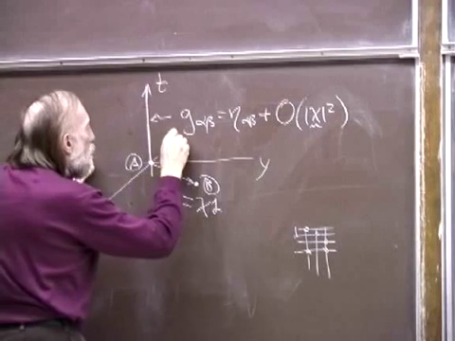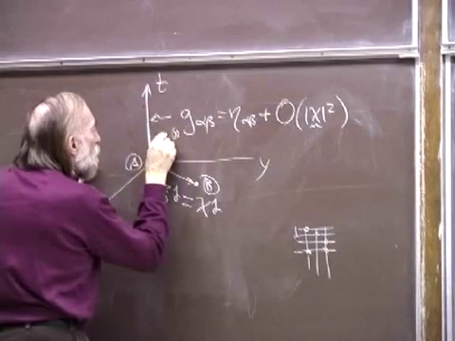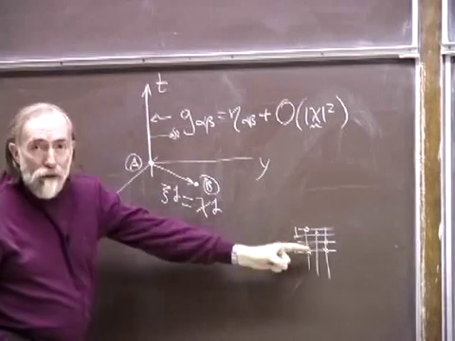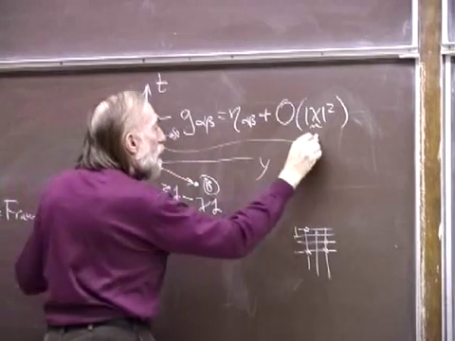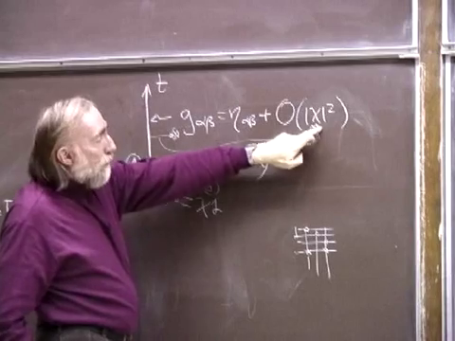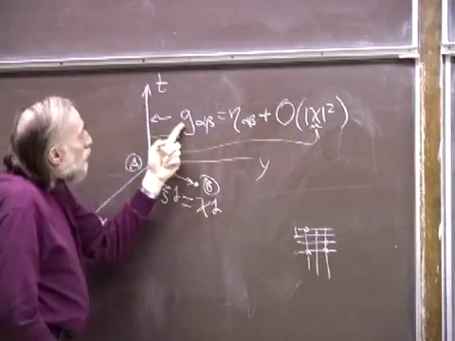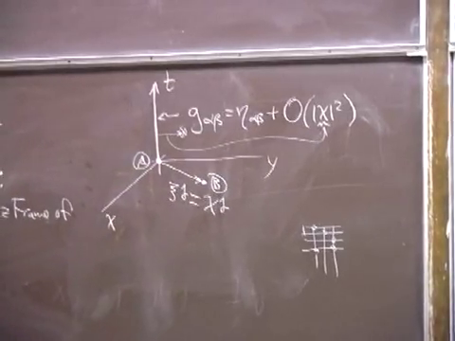You go off somewhere over here and you measure the spatial distance in this coordinate system as measured using the rods of this lattice work. That spatial distance is what I've denoted here by the vector x, the spatial distance squared. g_alpha beta is eta_alpha beta plus something of order x squared.